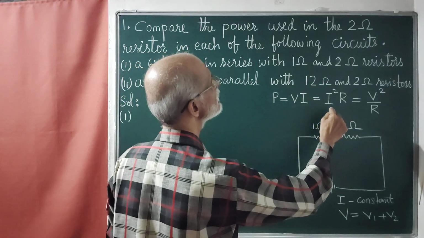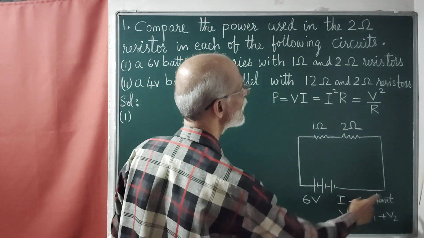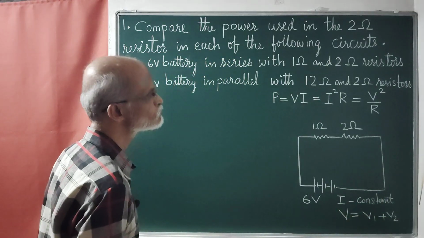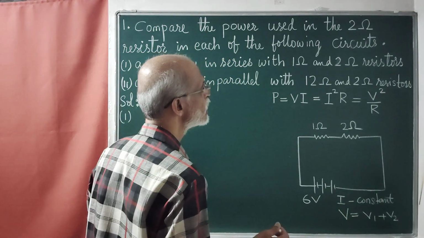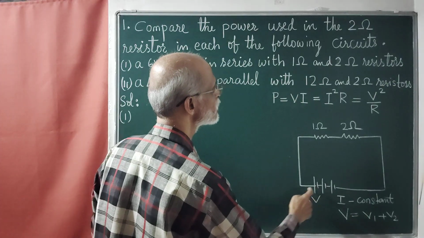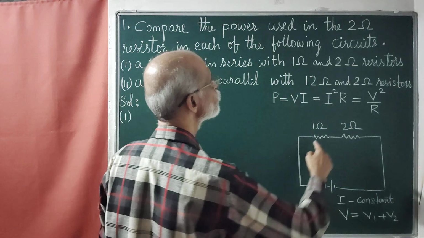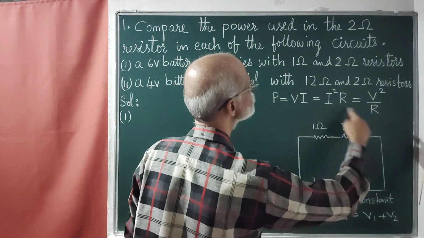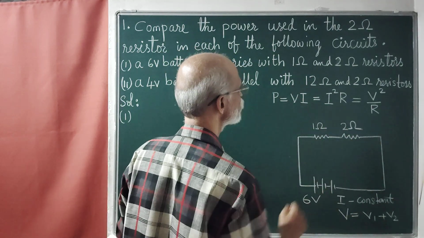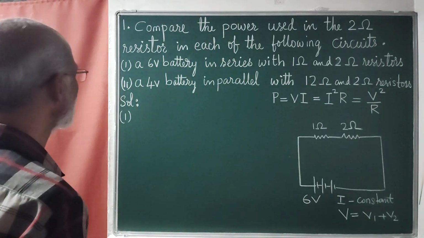But we only have to calculate the I value. I is constant. To calculate I, we have to use the full voltage of the circuit and the total resistance. So first we'll calculate the I.